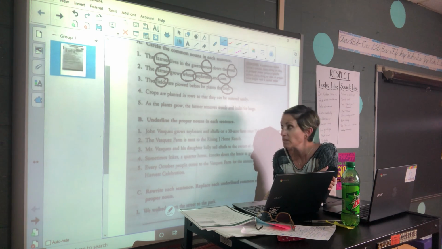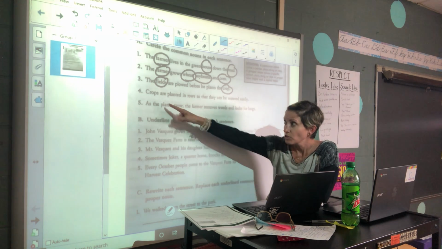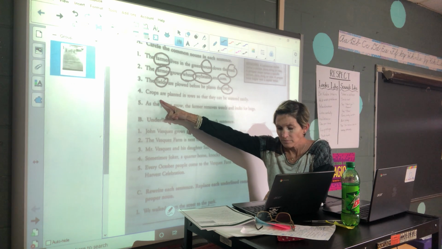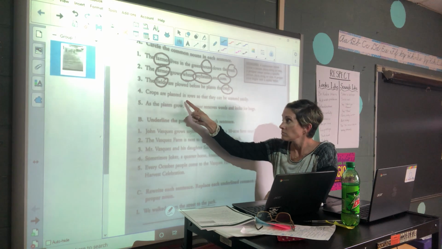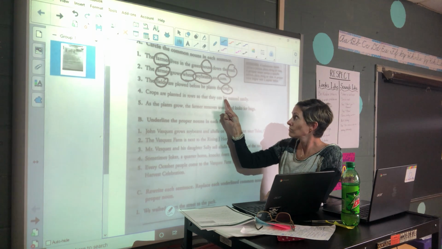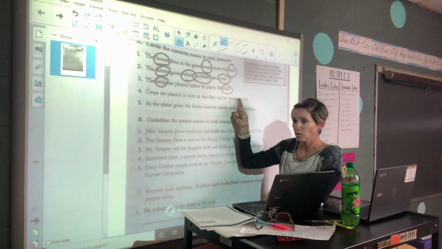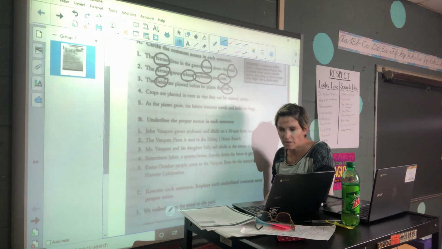Can anybody read me sentence number 4? Elijah? Or it can be on a different page, doesn't need to be. Okay, it should be right along that same line. Good. Watered. Alright guys, so what was one of the common nouns that you circled there?